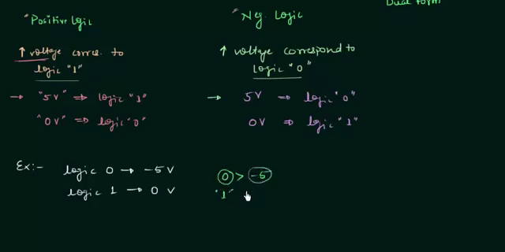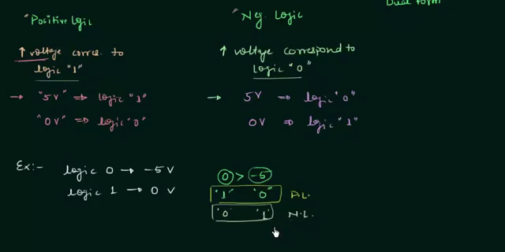Minus 5 is lower and it will be represented as 0 in case of positive logic. So this is for positive logic. And when we have negative logic, then this 0 is represented by 0 and this minus 5 is represented by 1.